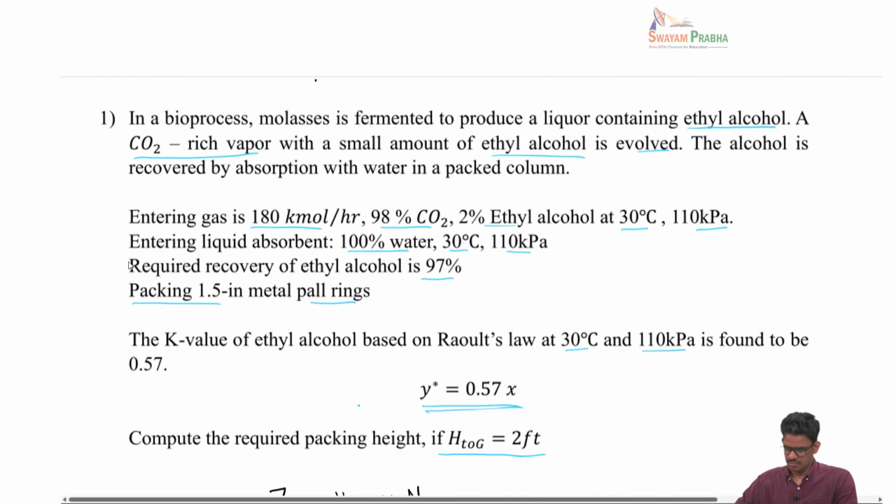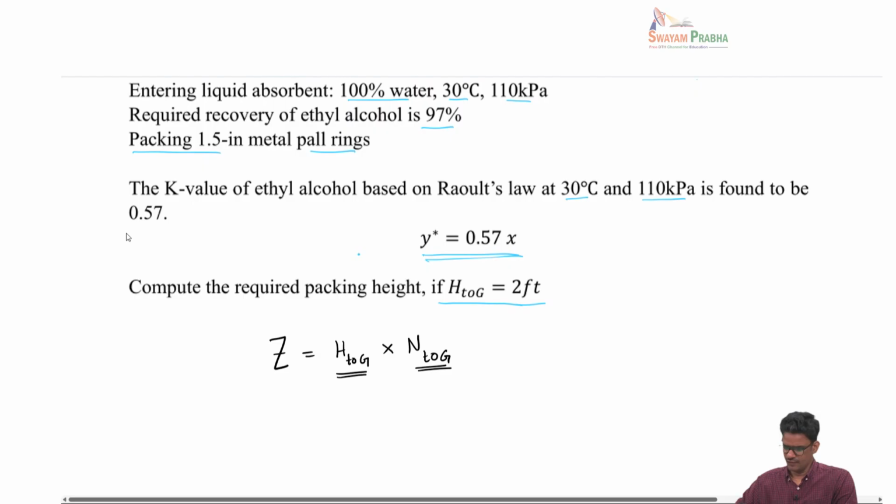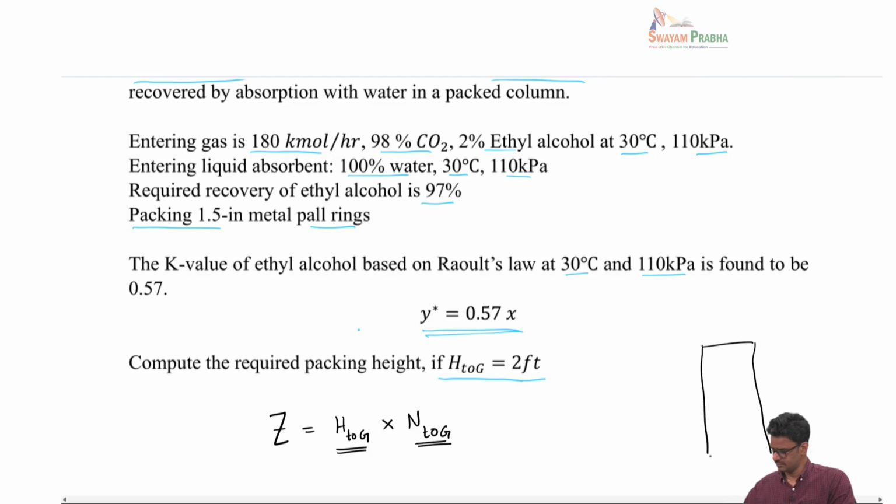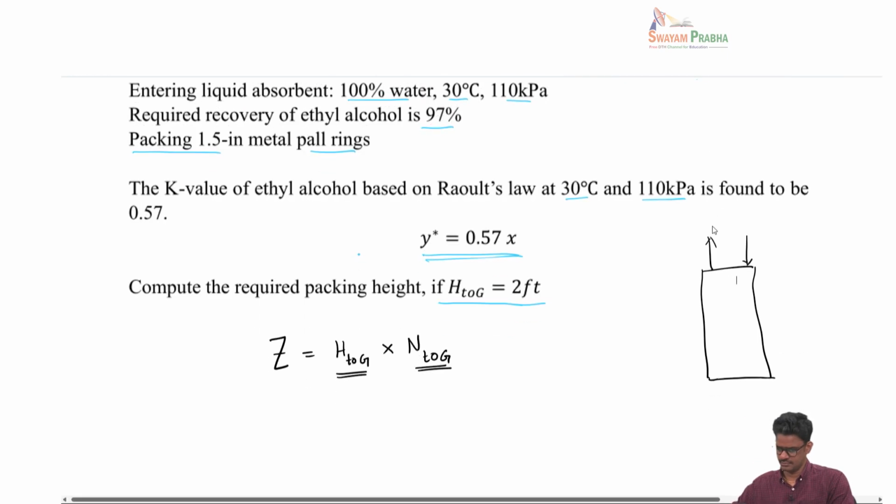So let's also mark the information that we know from this problem in a diagram. So here solute is ethanol, and whenever it's given in terms of percentage, it's mole percent.